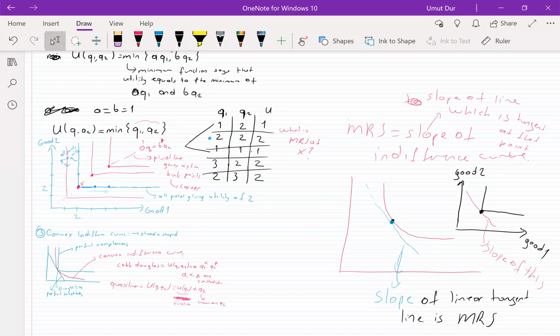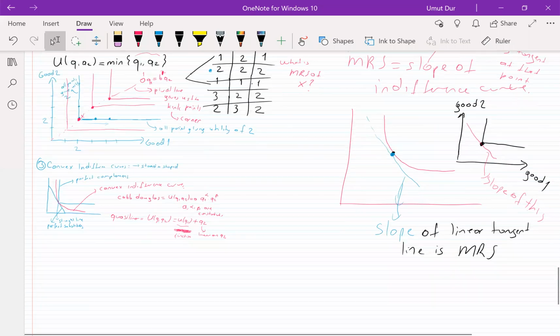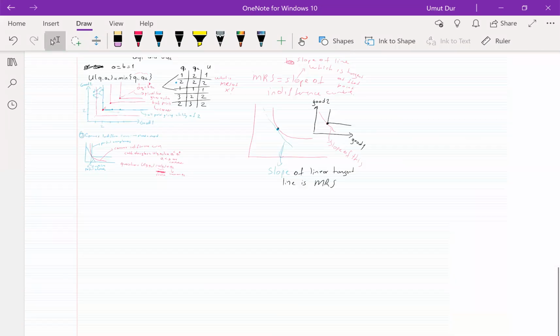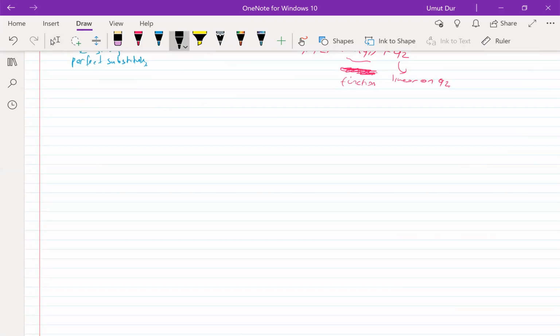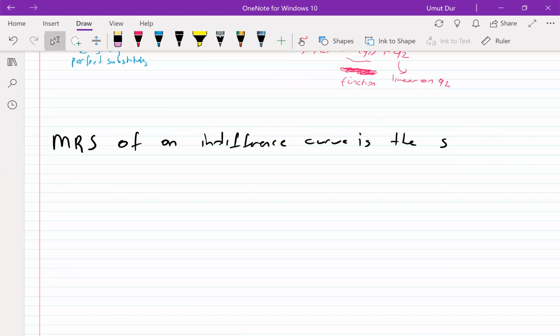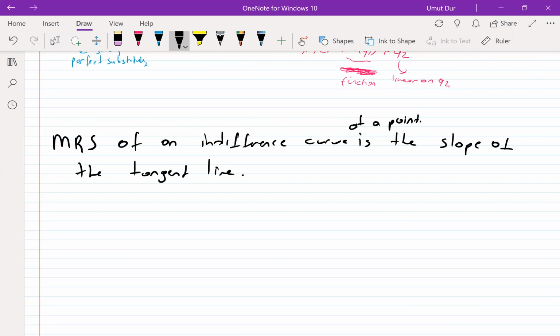Okay, so once we understand this point, I will call it a day. Let me draw them better. The marginal rate of substitution of an indifference curve at a specific point is the slope of the tangent line at that point.